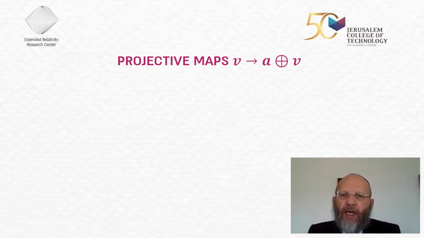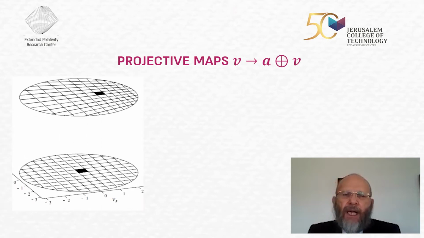That means if we have a velocity v in system K prime, and the system K prime moves with the velocity A, then in system K you get A circle-plus v, which was the formula for Einstein's velocity addition. How does it look? We have seen that lines go to lines.